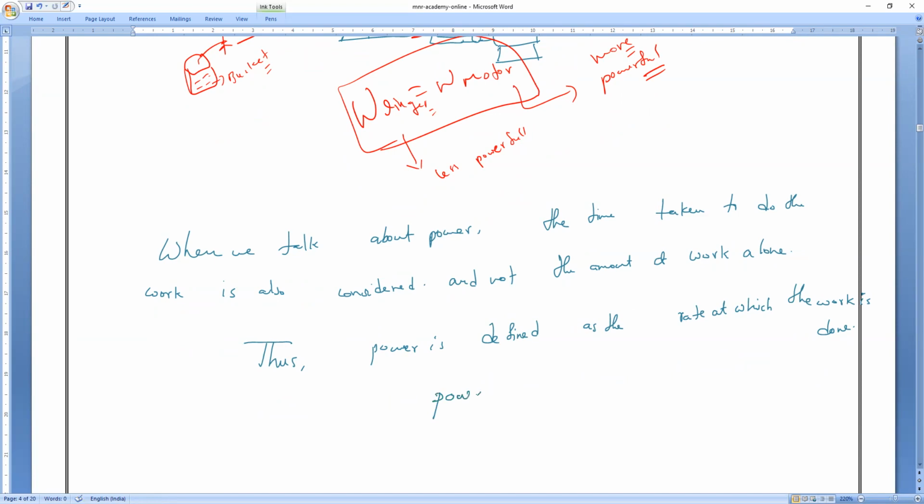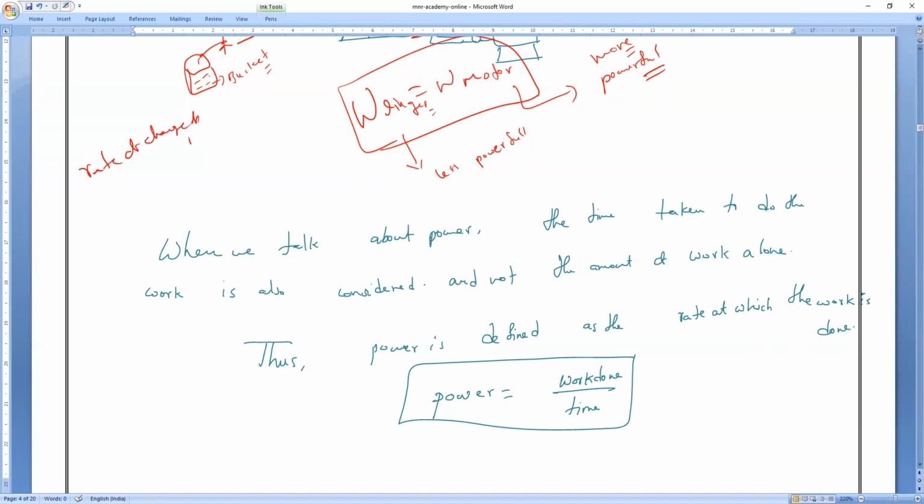So power is equals to what, guys? Work done by... Rate means with respect to time. How many times I have taught you? In the first chapter also we studied rate of change of velocity, which is V minus U by T. Rate means with respect to time.